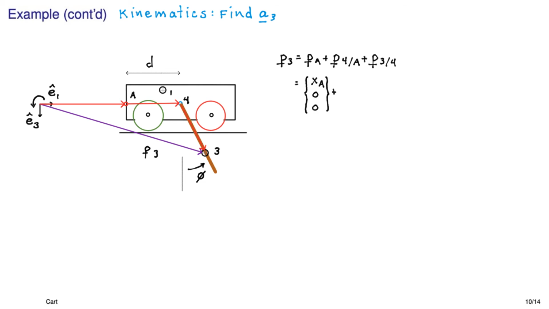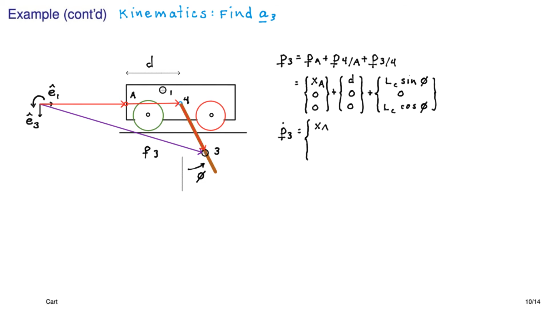So first off, PA is just XA in the one direction. P4A is just some constant, the distance from that edge of the cart to the pin, so we'll call that D. And then we have P34. You have to take that vector and decompose it into its components in the 1 and the 3 direction. So we have a little bit in the x direction, LC sine phi, and a little bit in the positive E3 direction, LC cosine phi.